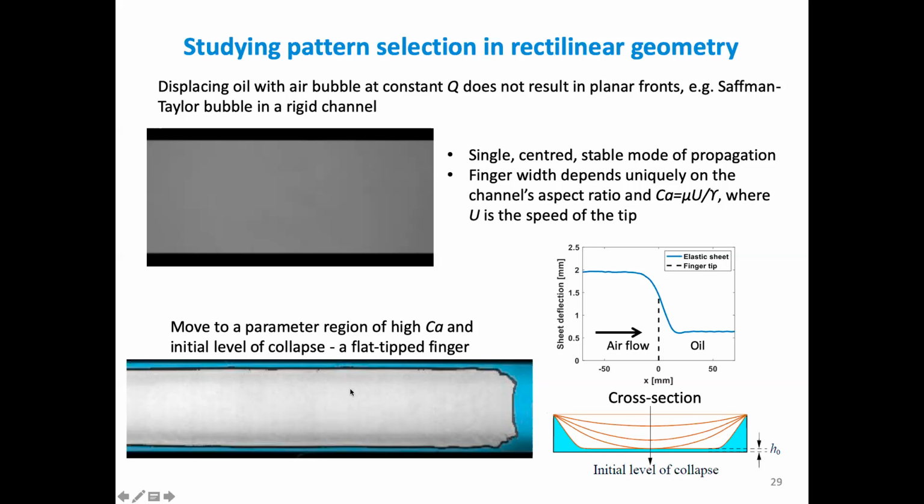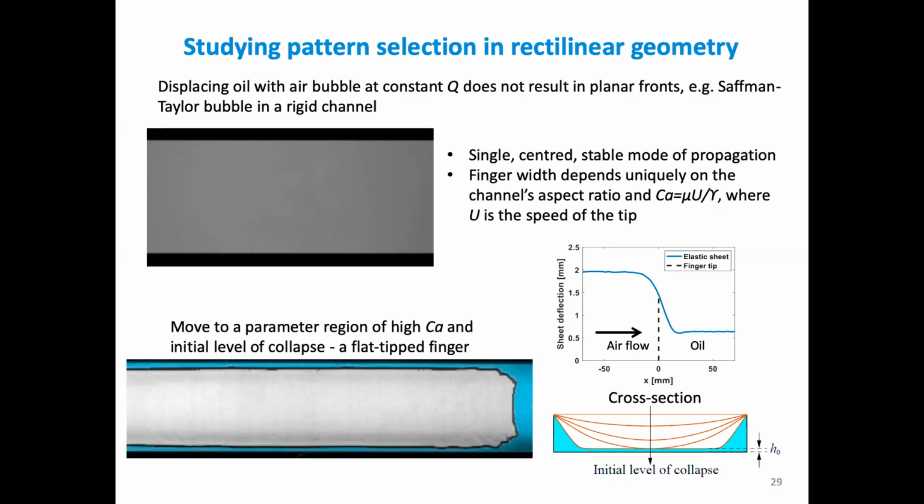And if you look at the center of that channel, then as the finger propagates into your system, you generate the same kind of geometry, the same kind of taper or wedge as in the elastic Hele-Shaw cells that I've shown you earlier with the radial geometry.